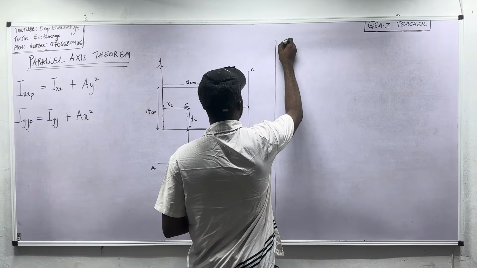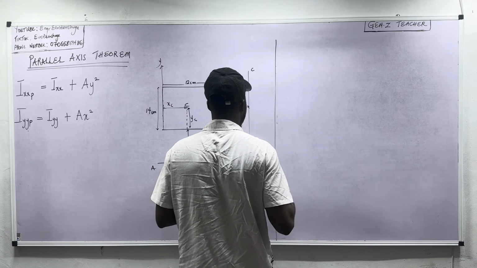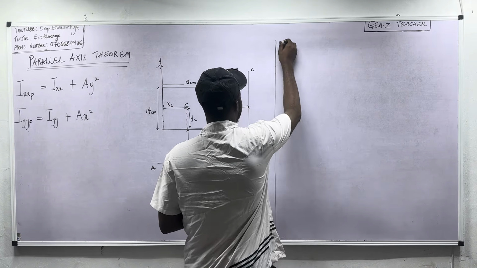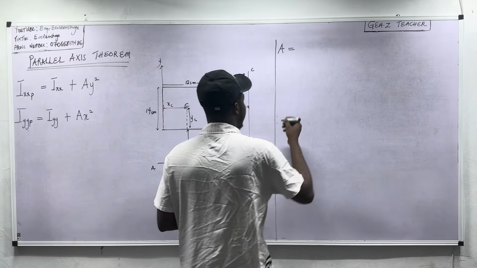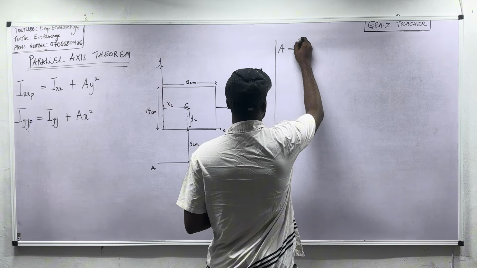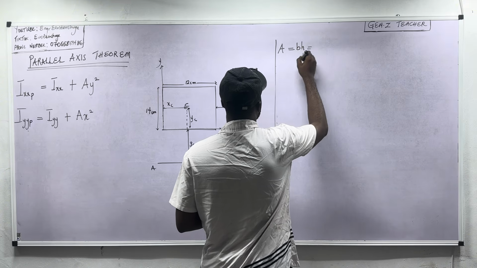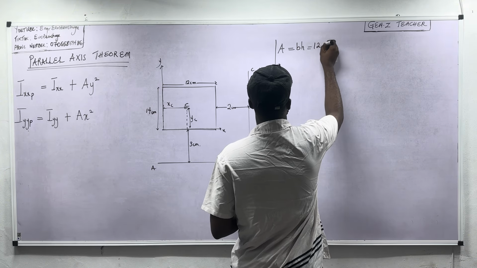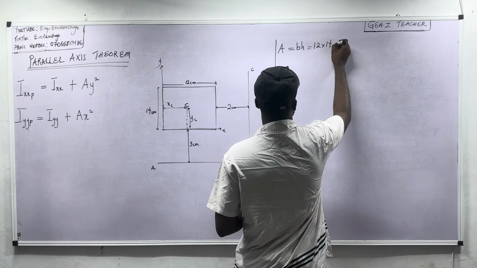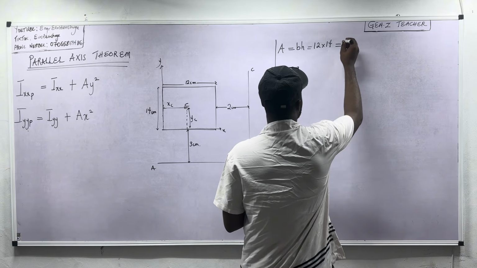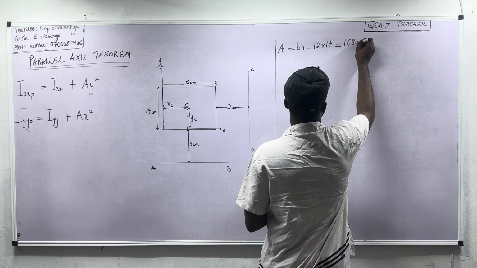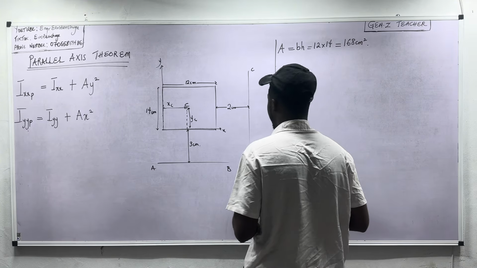The shape is a rectangle, so it's just the base times the height. The base is 12 cm and the height is 14 cm. So 12 times 14 should give us 168 centimeters squared for the area.